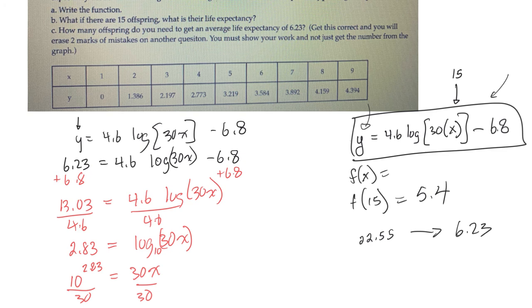I get 22.54. With rounding, I'm just a hair off, but on the graph I wasn't exactly at 6.23. I think it was 6.231, but it's pretty close. That's how you could do that modeling question with a log function.